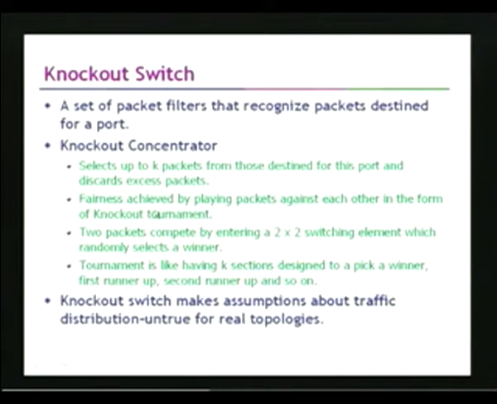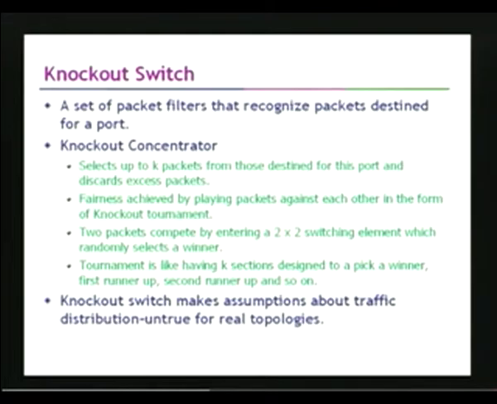So, what you really do in a knockout concentrator is select up to k packets from those which are destined for this port, and discard the excess packets. In this particular example, there were 8 packets destined for 4 ports, and the switch is running at k times the speed.